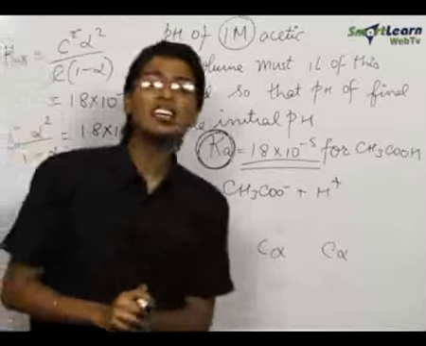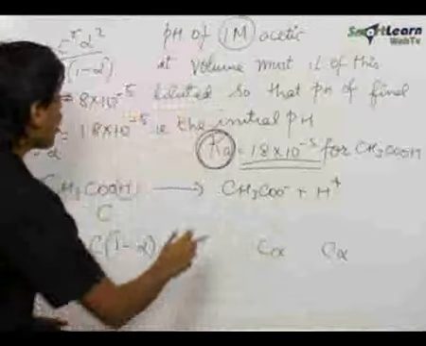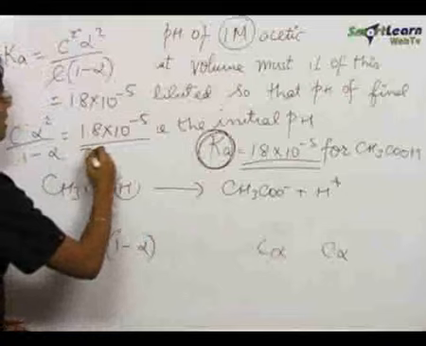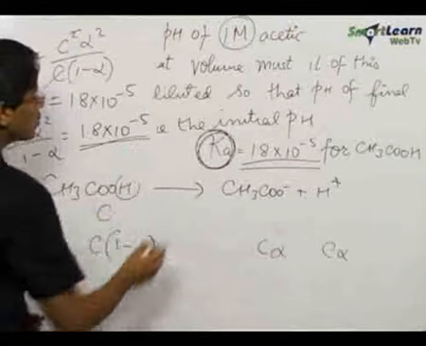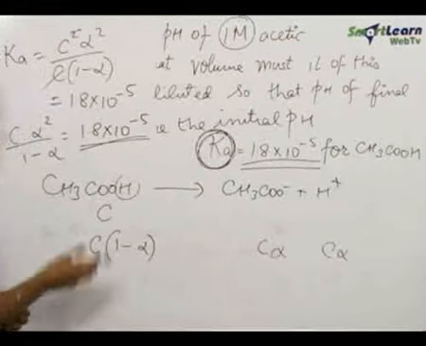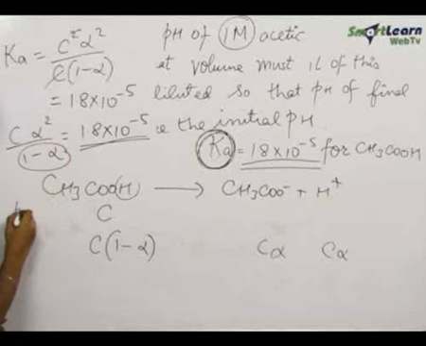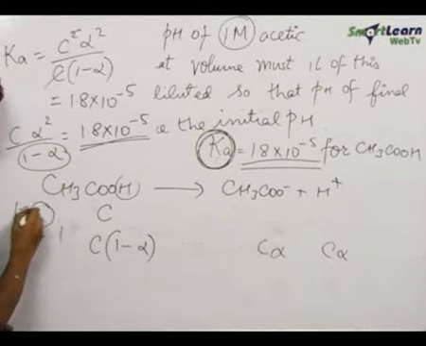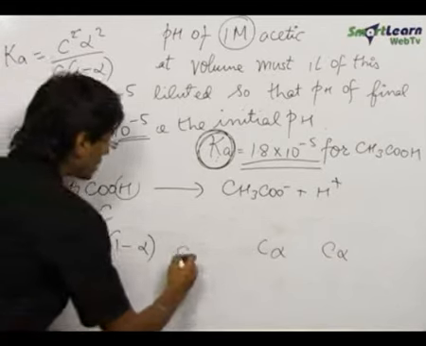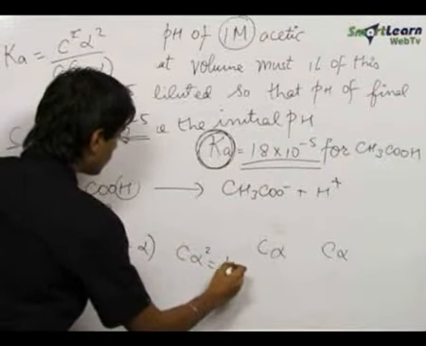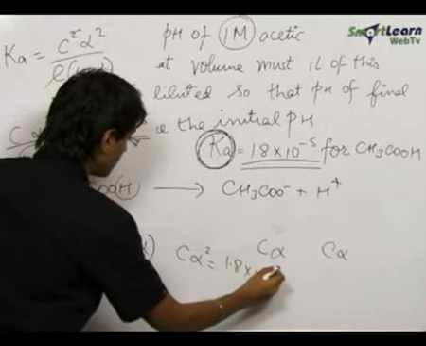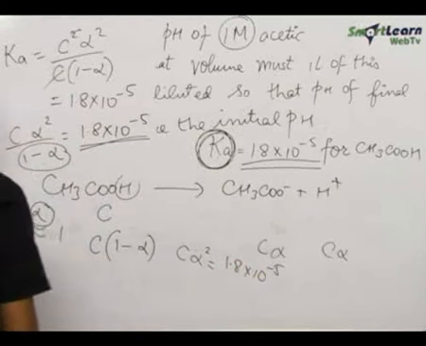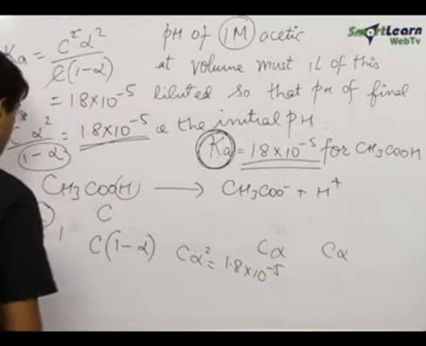Now we can see that the dissociation of acetic acid is very small, seeing the value of the dissociation constant. Hence we can say that 1 - alpha is approximately equal to 1, the degree of dissociation being very small. Hence we get C alpha^2 equal to 1.8 × 10^-5.